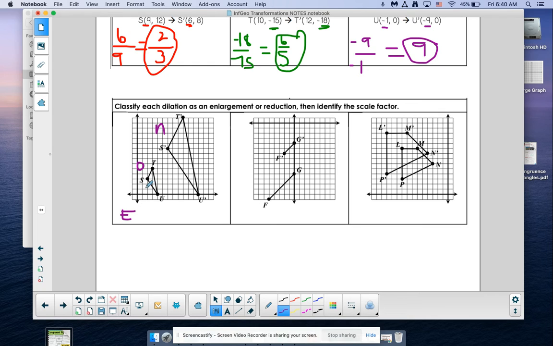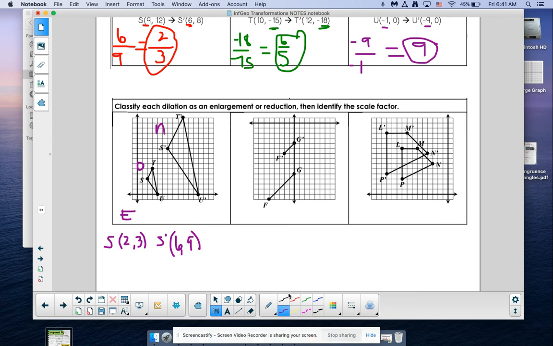Now our scale factor, let's find it. S is at 2, 3. And S prime is at 6, 9.